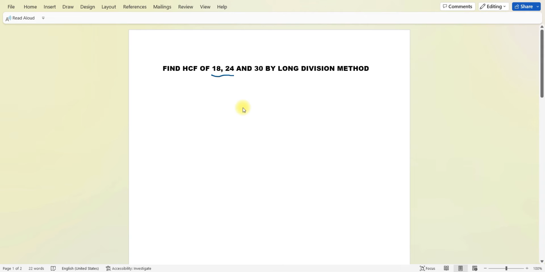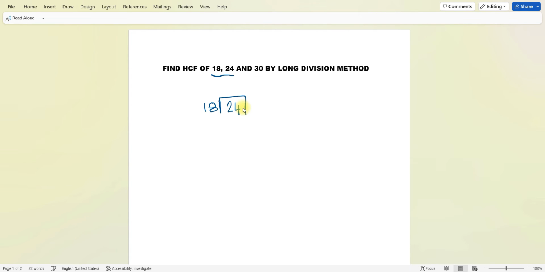Whenever you have three numbers given, you have to take the first two numbers. As I said, always the greater number would be the dividend and the smaller number would be the divisor.